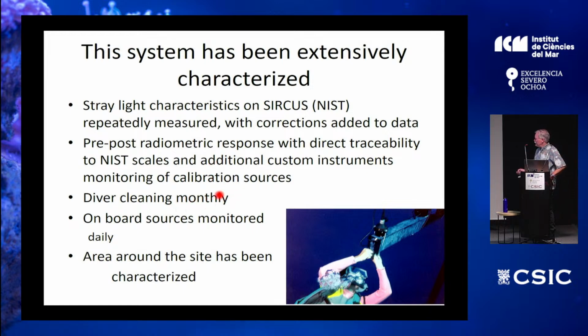We have divers go out every month and clean the collectors. This shows a diver working on the instrument. We have onboard sources that look to make sure its stability is good, everything's good, and we've done a lot of characterization around the site. So we know this site really, really well.